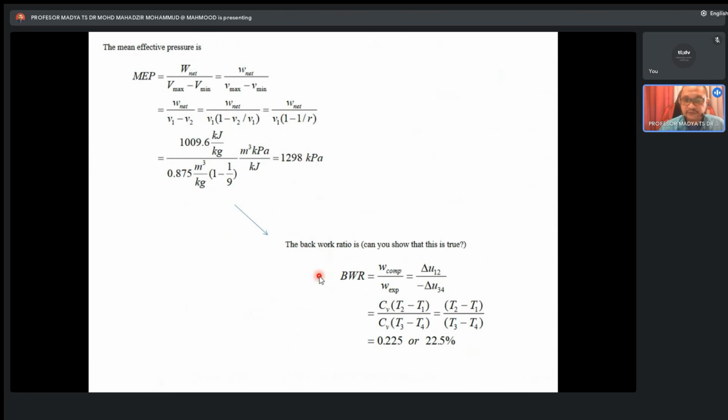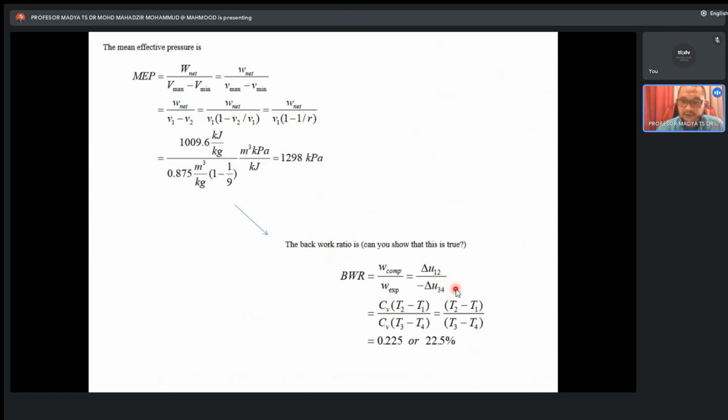For the backward ratio, the backward ratio is W compression over W expansion. That means compression over expansion. For compression, delta u for 1 and 2, 1 and 2 is compression, 3 and 4 is expansion.